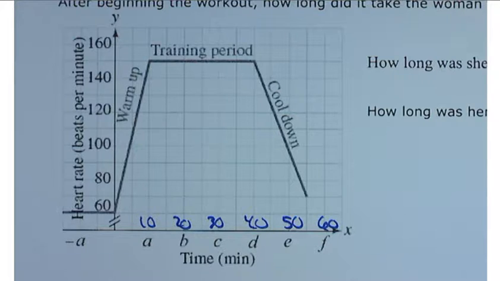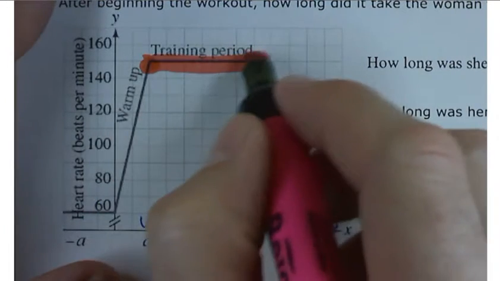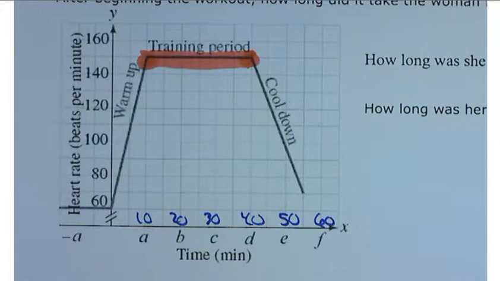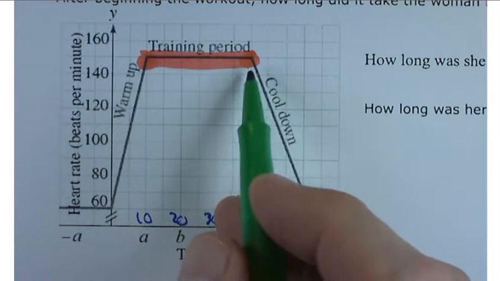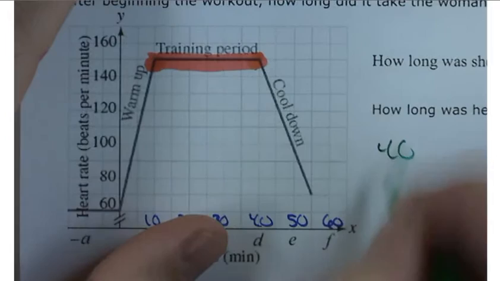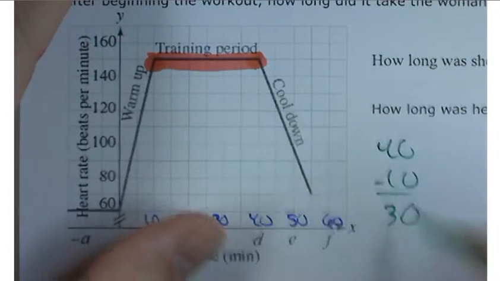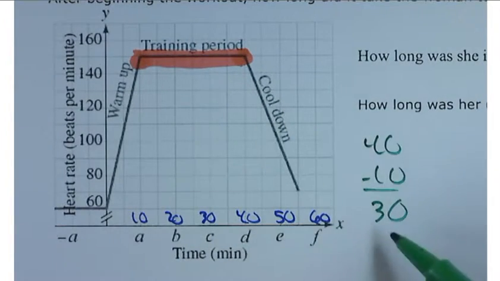Our first goal is to figure out how long she was in her training zone. That would be this part right here. Well, she hit the training zone 10 minutes in and was there till 40 minutes, right? So I think, Nick, you had the right answer here. 40 minus 10 would be 30 minutes in the training zone.